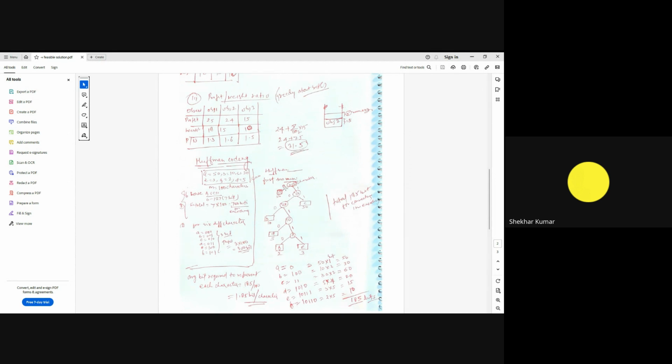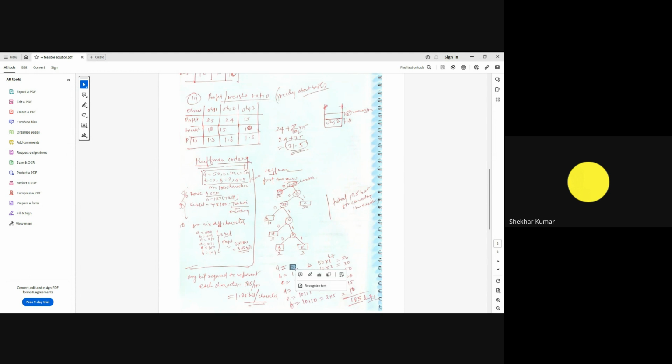For example, to traverse to node A, I have to move only one bit, that is 0. With the help of the 0 bit, I can traverse node A. So to represent A, I require only one bit, that is 0.